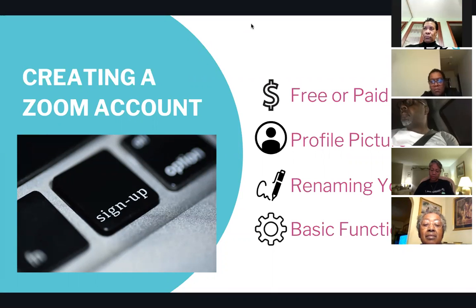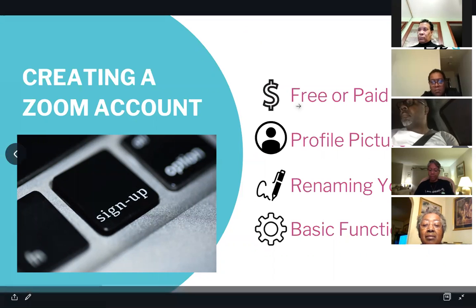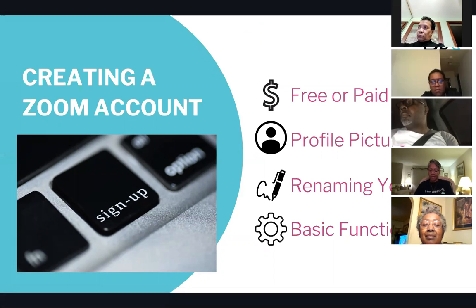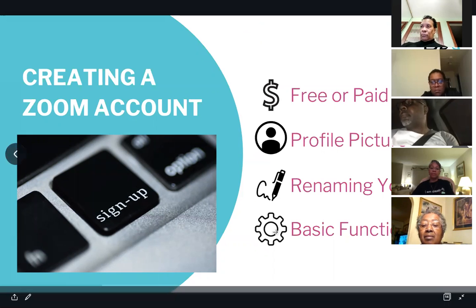Okay, all the functions that you see. But all you're going to do is click on participants, and when you see your name or it says me, click on that, and it will give you an option to rename yourself. Okay, and you're able to rename yourself whatever you like. So if you want to use your full name or nickname or whatever you want to do, but let people identify who you are.